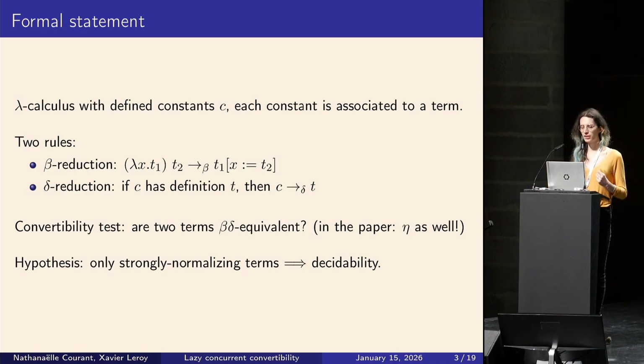The convertibility test is to ask whether two terms are beta-delta equivalent. In the paper we handle eta as well, but I won't talk about it here. And we make the hypothesis that we have only strongly normalizing terms for decidability, which is the case in proof assistants such as Coq. But we don't use typing information at all to write our convertibility tests.